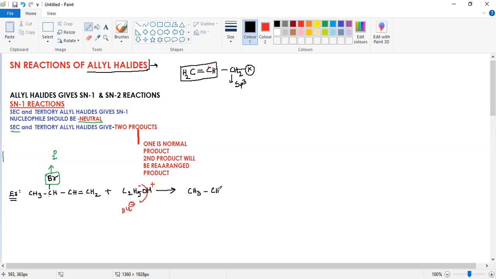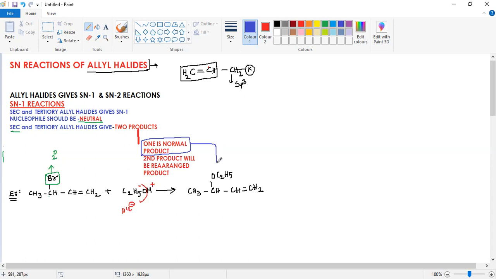CH3 CH OC2H5. Clear? The remaining is the same, CH double bond CH2. So this is the normal product. I will show you through the arrow mark.